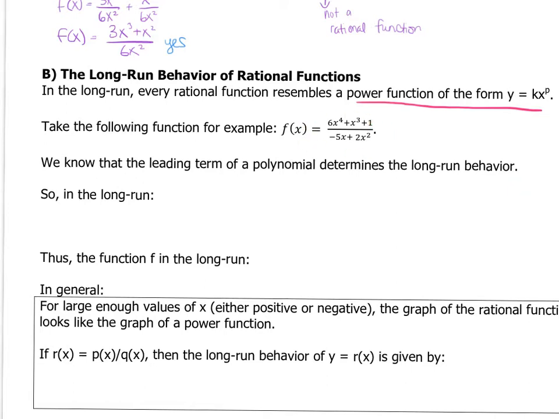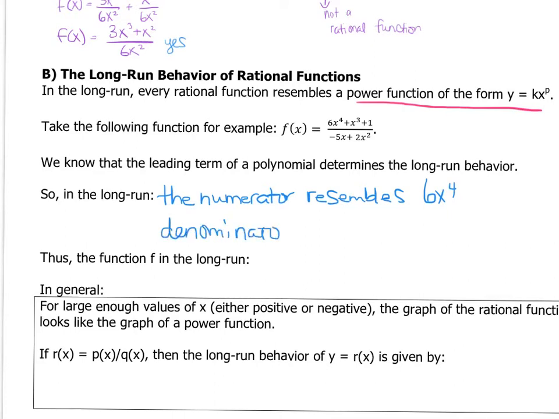So when we're looking at this, what we can say is that the numerator of that rational function resembles 6x to the fourth, and the denominator, because remember we want the leading term, even though this isn't written first, the leading term is that 2x squared.